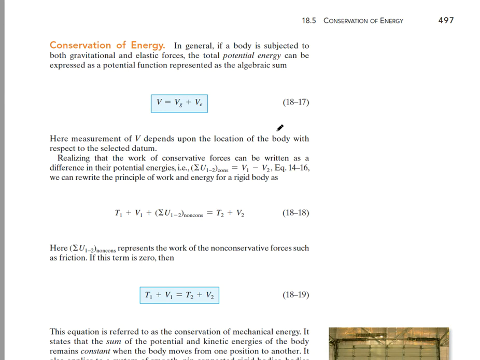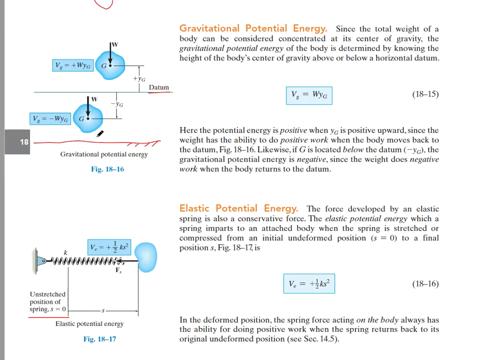The work done between two configurations depends only on the initial and final configuration, not on the path between them. So you start at this location, and whether you go straight, or horizontal then up, or on a curvilinear path, the work of gravity depends only on the initial and final elevations.